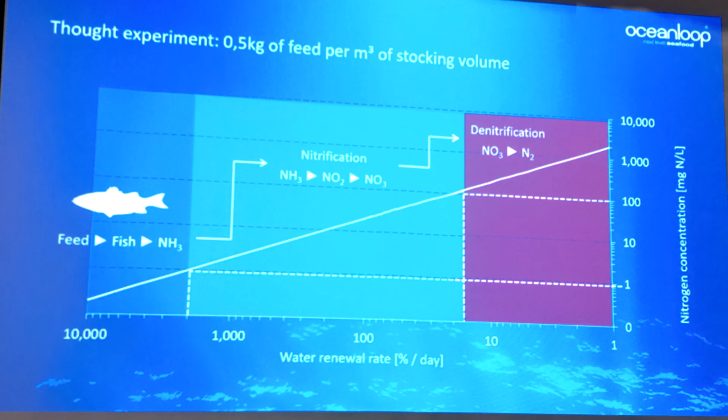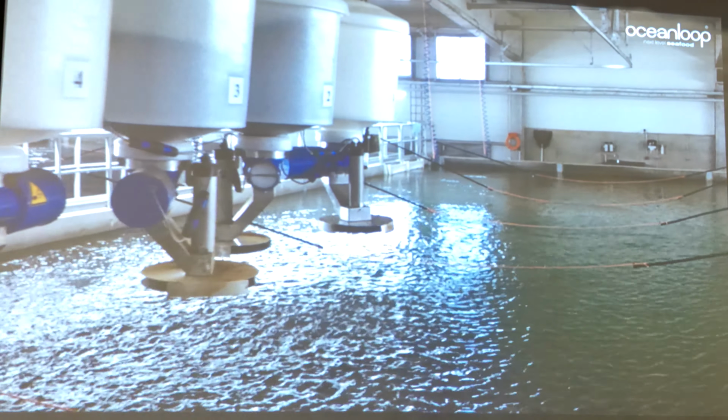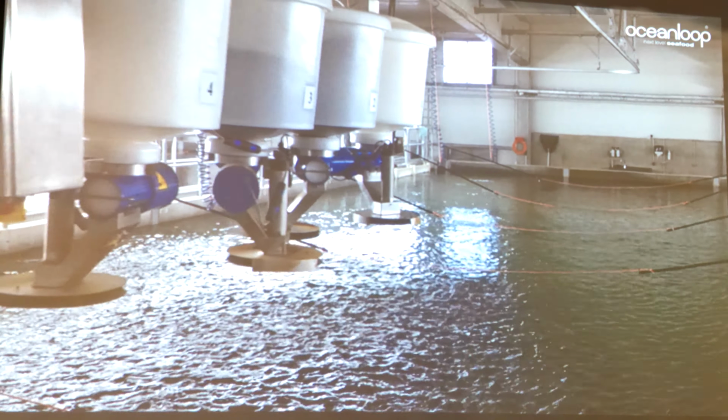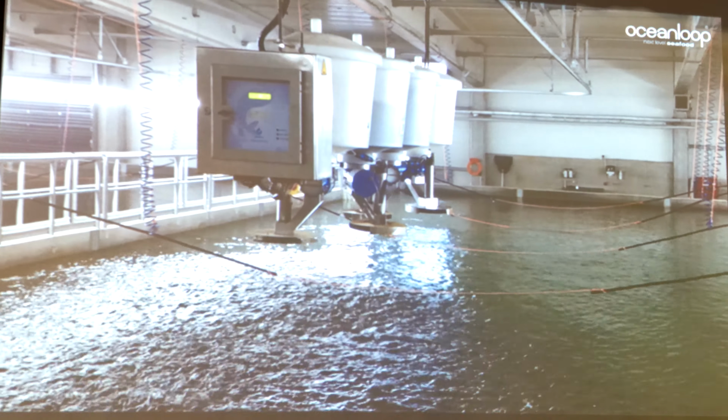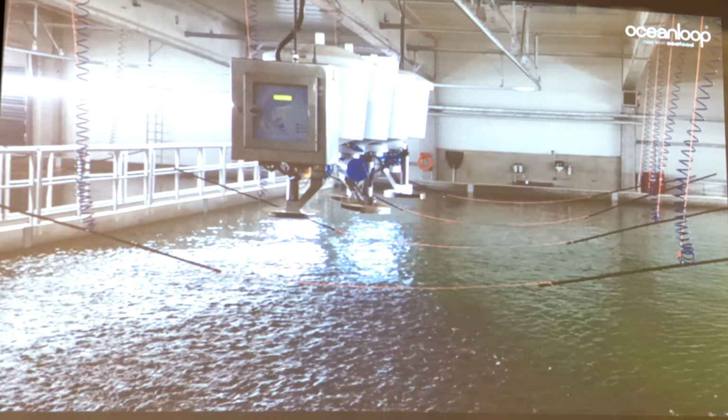And this is exactly what we have to avoid for certain reasons, like off-flavor, H2S control, and so on.